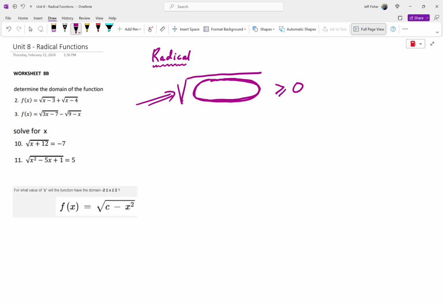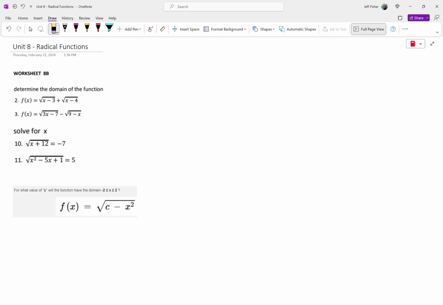So we need to keep in the positive space under the radical. That's what we have to check for to make sure, again, we don't have any extraneous solutions like we saw in some of our rational functions. So let's take a look at some of these questions.